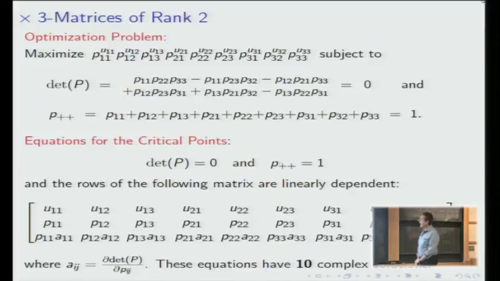So we have unknown probabilities, P11, P22. We have known data, so these U's are known positive integers, and we want to maximize this function subject to two constraints. So the determinant vanishes, that's the rank 2, and then it's supposed to be a probability distribution. Okay? So we would like to find non-negative real solutions.